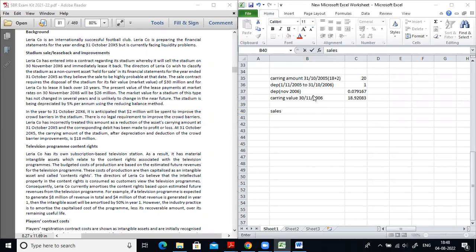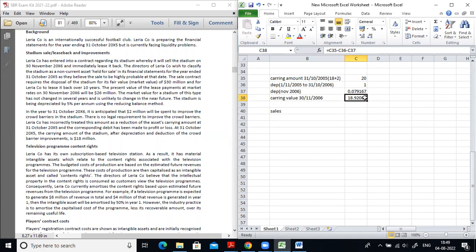Okay. Carrying value on 30th November 2006: carrying amount 20 million minus depreciation from 1st November 2005 to 31st October 2006, then the November month depreciation, that is 20 minus 1 minus 0.07.